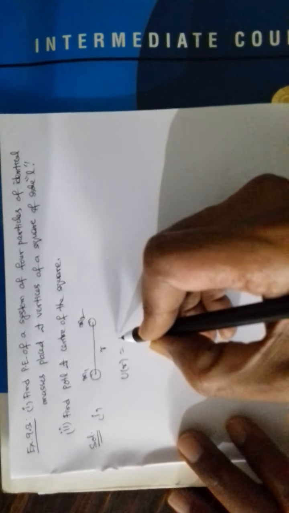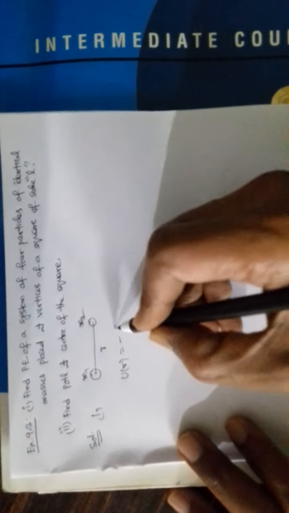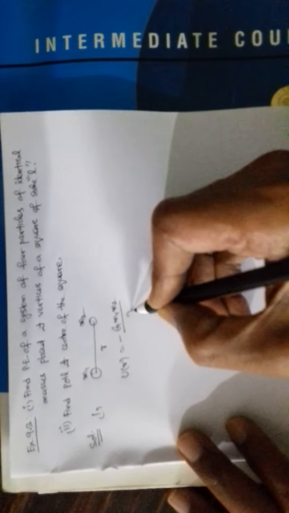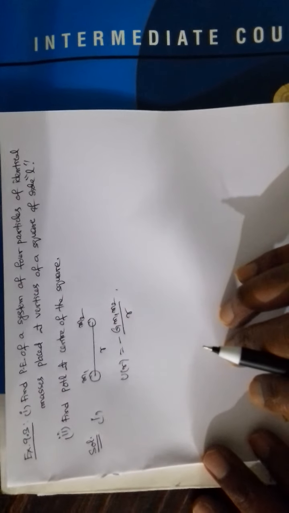Now U(R) is equal to minus G M1 M2 by R. So this is the formula to find gravitational potential energy.